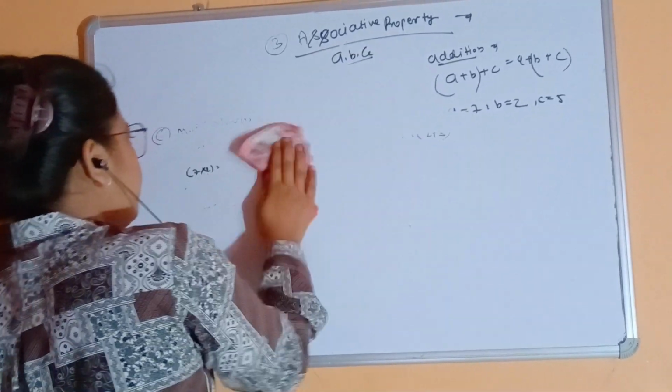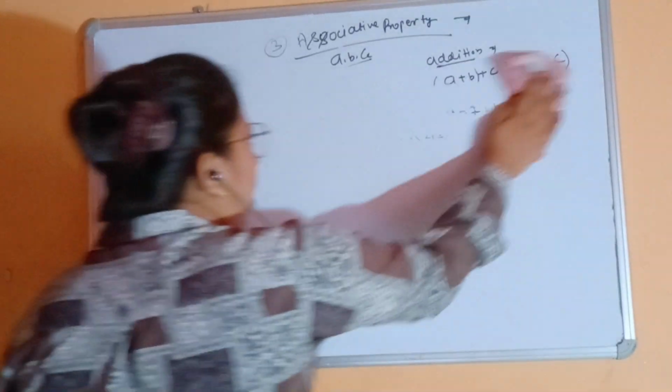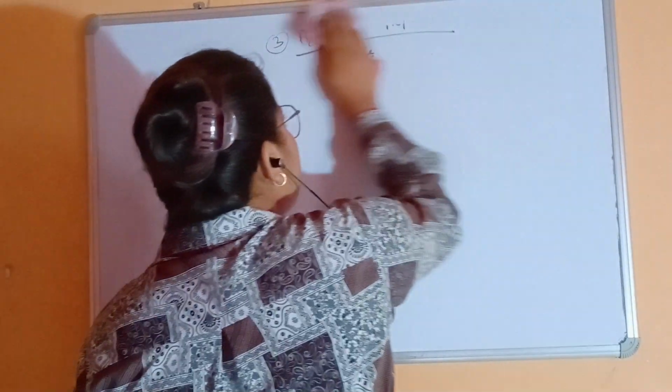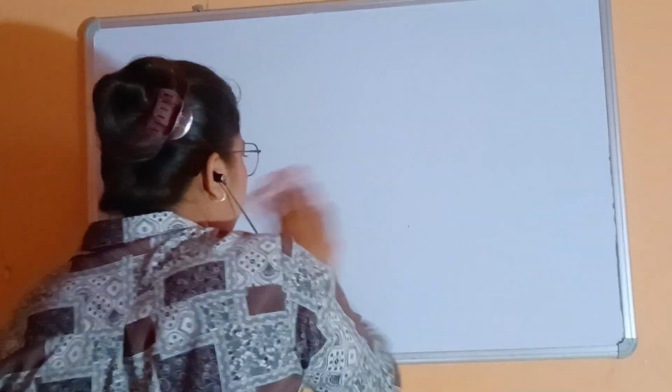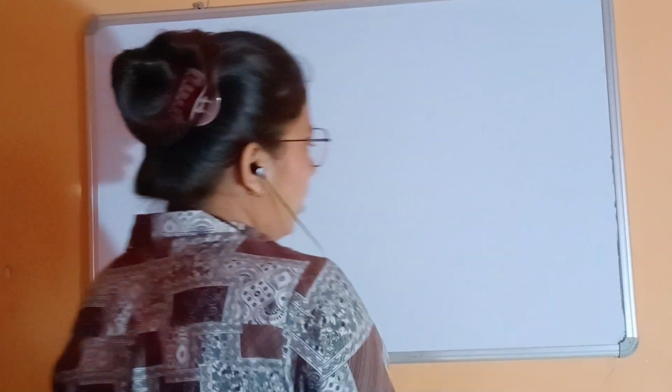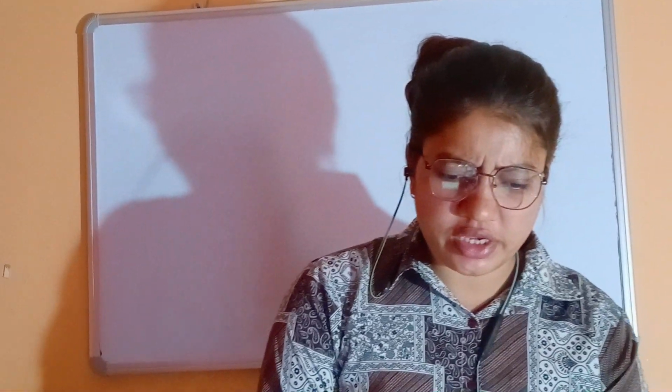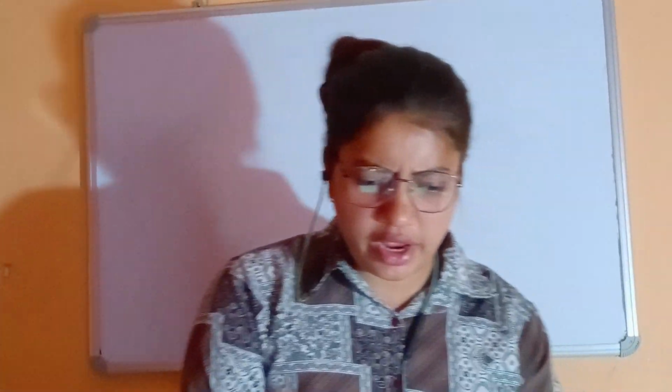Okay, so now we will discuss your exercise. First we solve the examples given in your book, then we solve the exercise. Now some examples here also say which property is followed, like 3 plus 7 plus in bracket, with solutions given, so you understand easily.